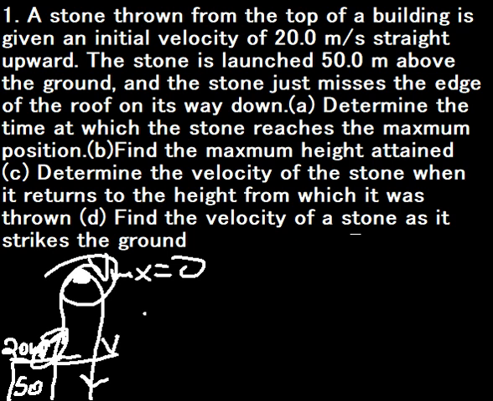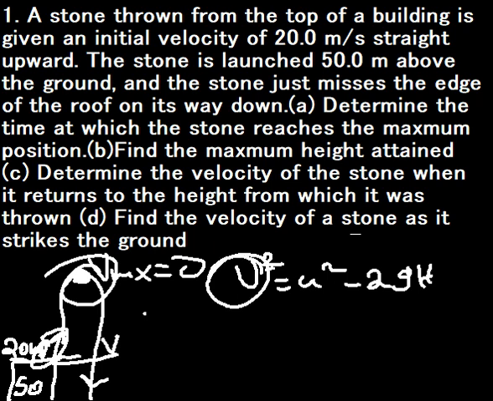We discussed it as v squared is equal to u squared minus 2g h, of which this is the final velocity of interest, this is the initial velocity, the acceleration due to gravity, and this is the displacement.